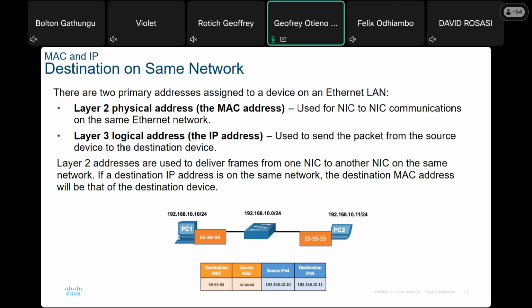And if you look at our table here, the ARP table, you'll find that we have the destination MAC address and source MAC address being indicated, including the IP addresses, that is the source IP address as well as the destination IP address.